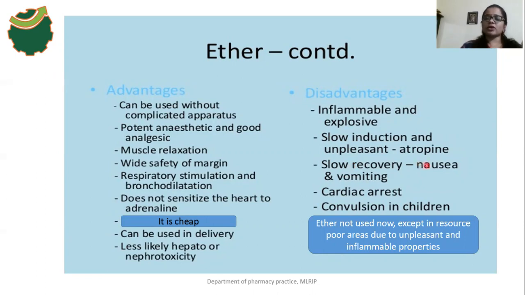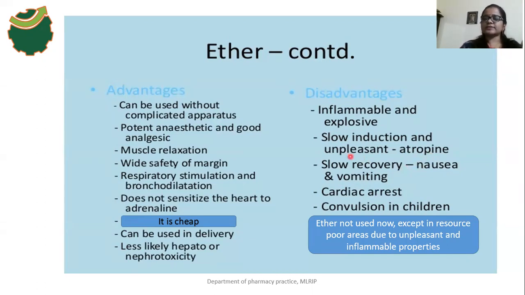Nausea and vomiting occur during the recovery phase. During the induction phase of diethyl ether, the respiratory secretions increase, so we have to use atropine to minimize all gland secretions.